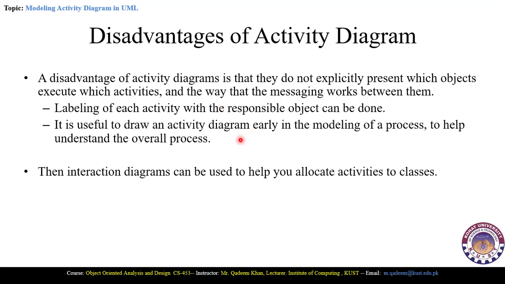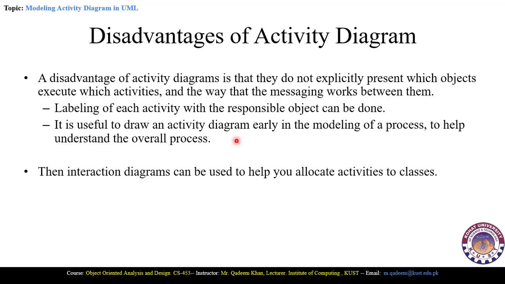Also, it is very useful to draw activity diagrams early in the modeling process, which helps to understand the overall process. So we have to draw the activity diagrams in the early development of the project. The early stages of development are when the activity diagram is very useful, because at that time we have no sufficient idea which objects are useful here.